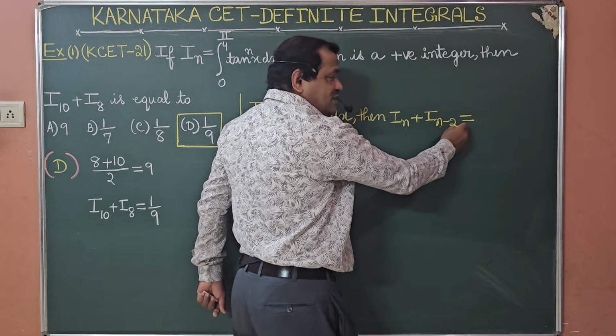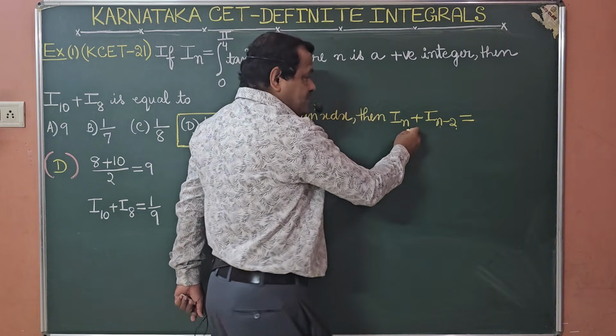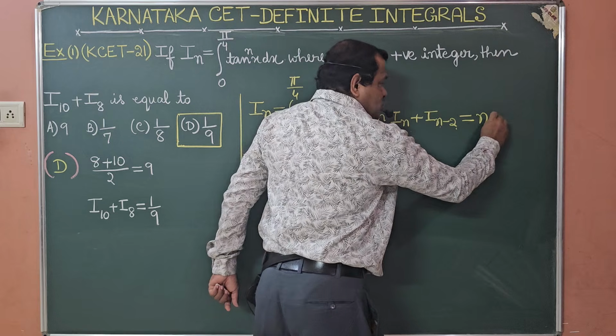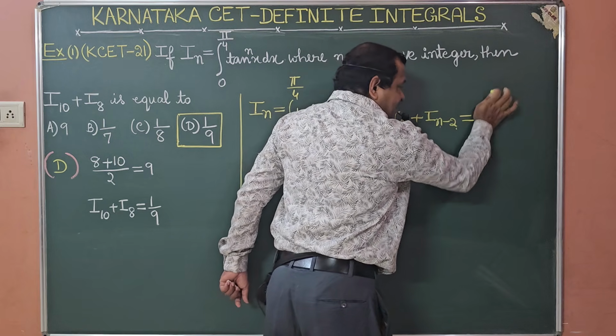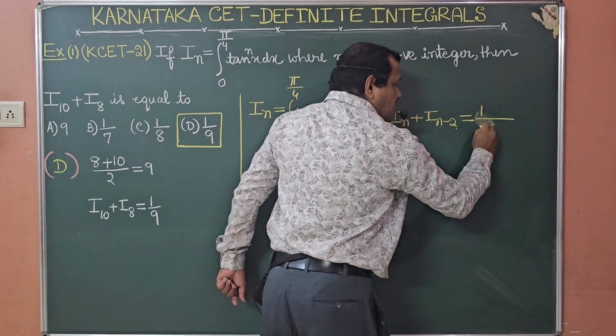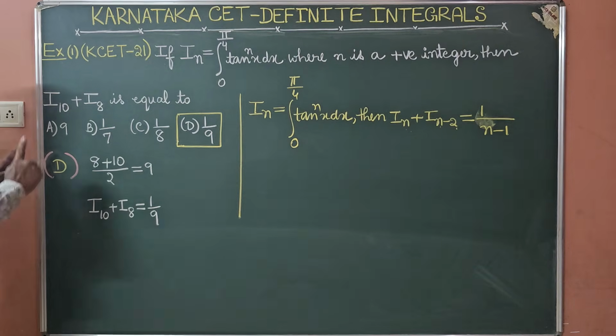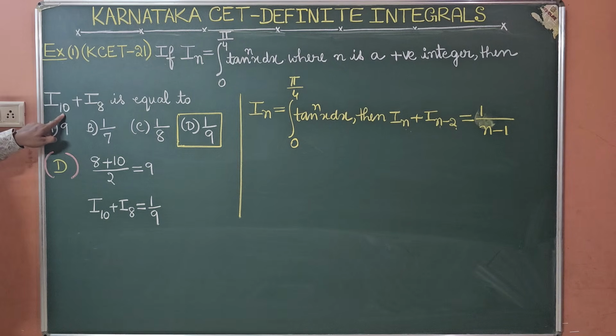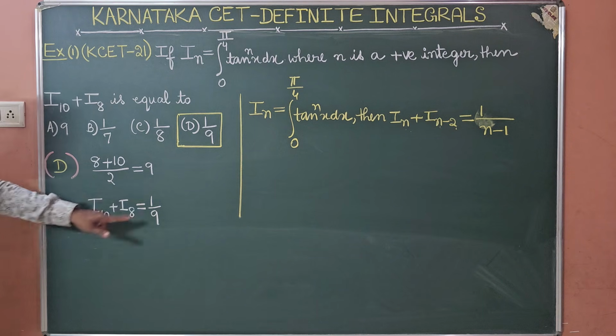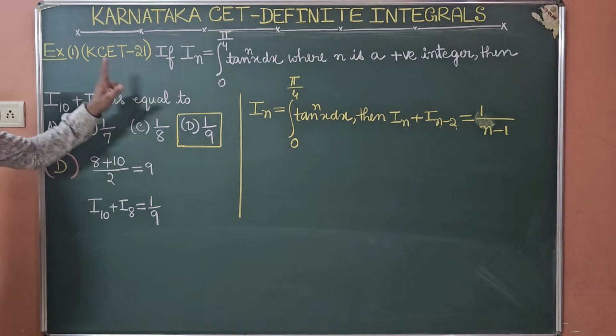So 2n minus 2 divide by 2. 2n by 2 is n, minus 2 by 2 is minus 1, so n minus 1. Its reciprocal, so 1 by n minus 1. That trick I have applied. Add the suffixes 10 and 8, divide by 2, 9. But its reciprocal, 1 by 9, is our answer.